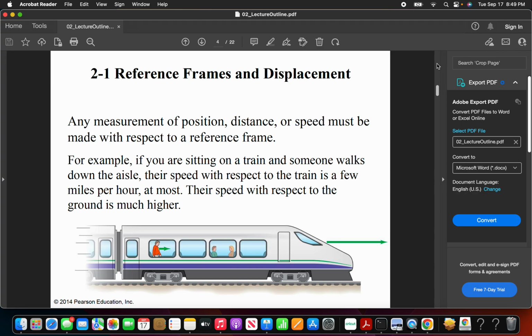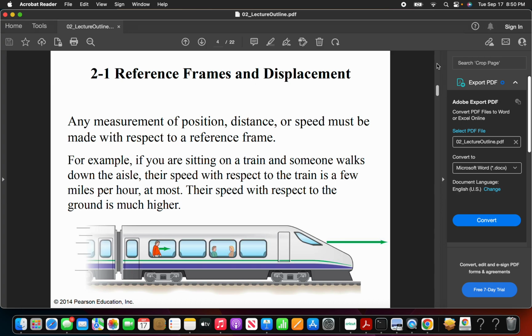So if you pay attention to the cartoon at the bottom of the screen here, you'll see that you have 3 individuals on a train. 2 of them are in a sitting position, right? So they actually move in the same reference frame with the train, okay?